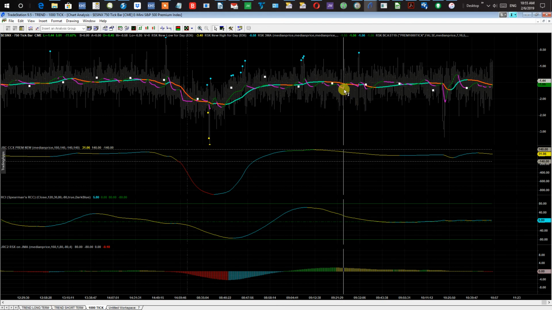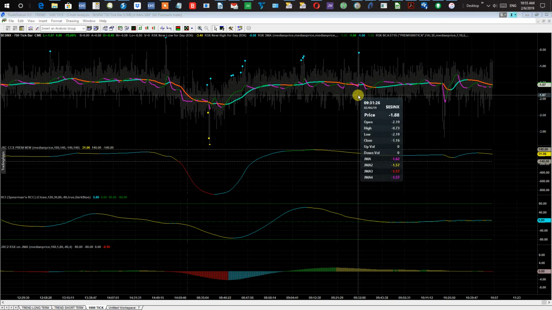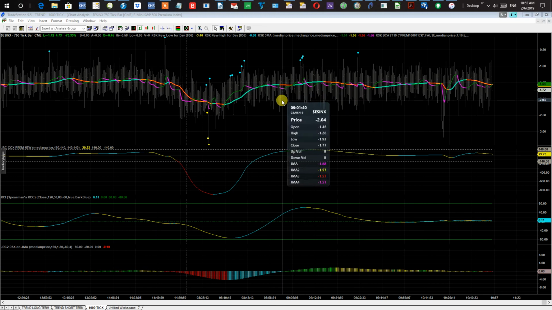We could come back down and test that, because the lowest low here is at 157. Previous low here was also at 157.